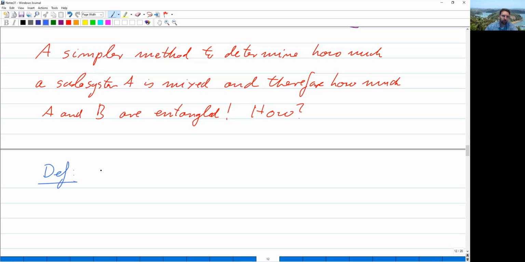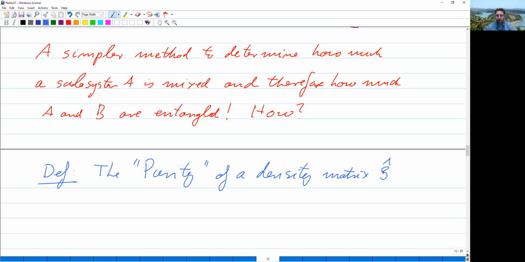We use the notion of purity. Definition: the purity of a density matrix rho hat, and in our case we will apply it to rho hat A, but the definition is general for all density matrices, is defined as P of rho hat equal to the trace of rho hat squared. Well, if it were just the trace of rho hat, that would be trivial, because the trace of every density matrix is 1.